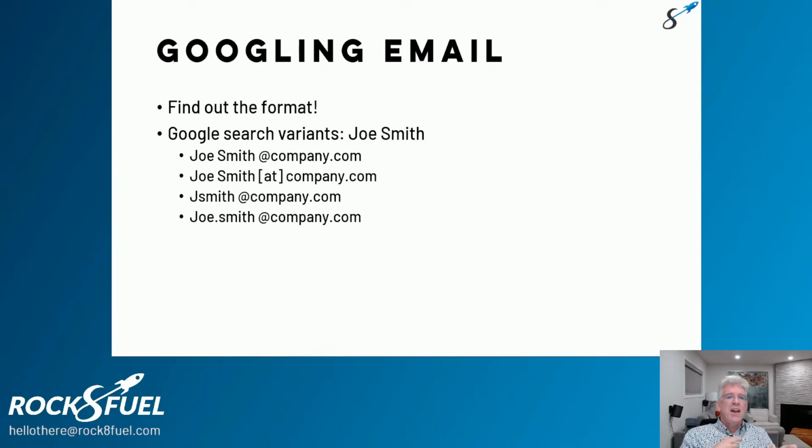The goal is to find the format. Depending on how the company's email structure is, it's first name dot last name at company dot TLD. That's one thing. But if you find one person, you find them all. Then from there, you just reconstruct everybody's email addresses and you're good to go.